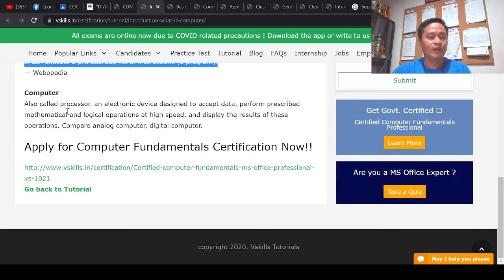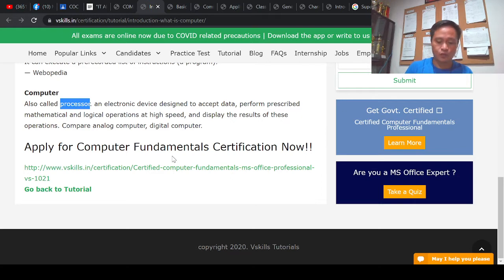And computer is also a processor. By using computer, you can process something, right? You can have this raw data, and with this personal computer, it will process and produce information, right?